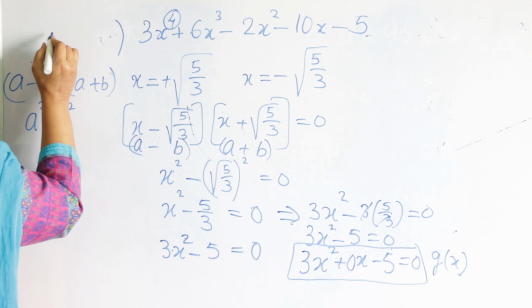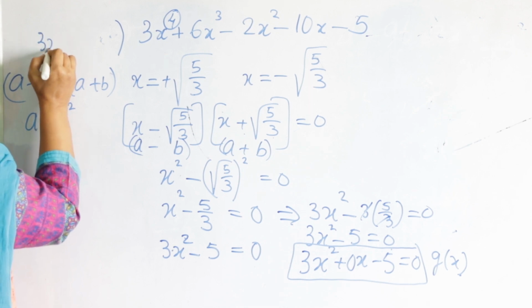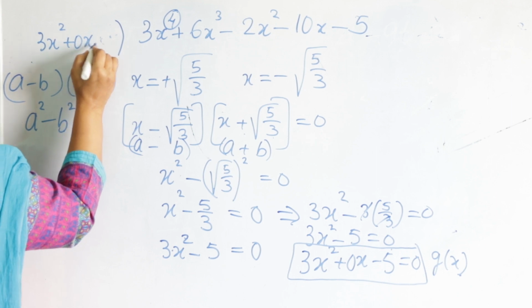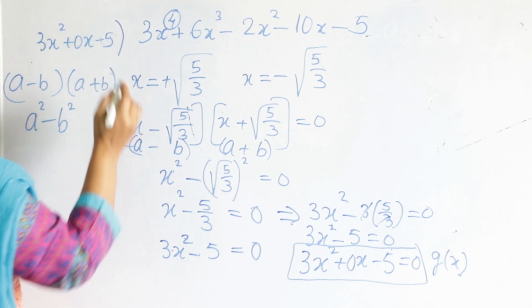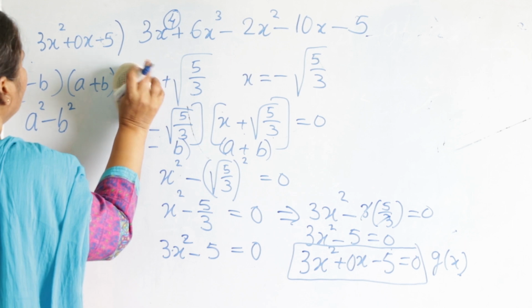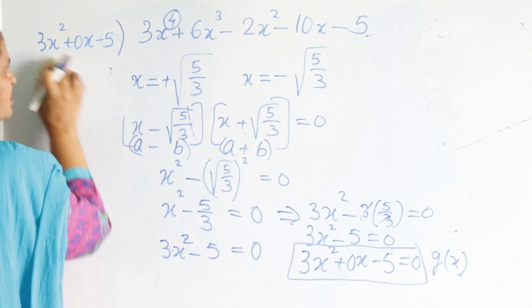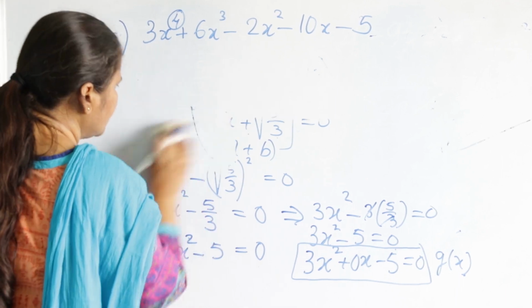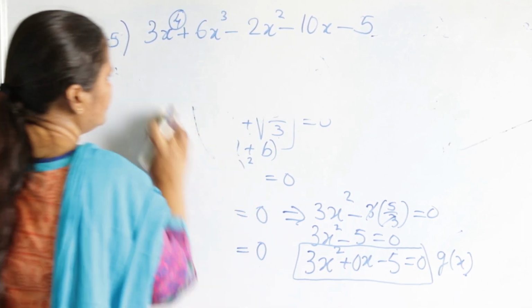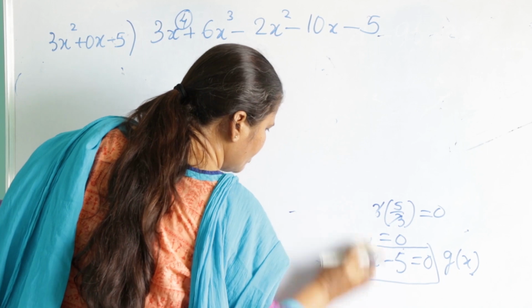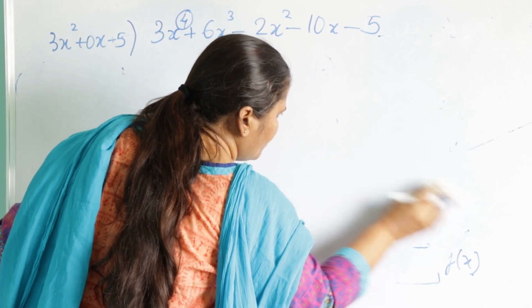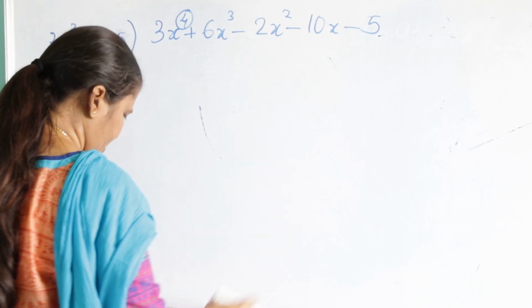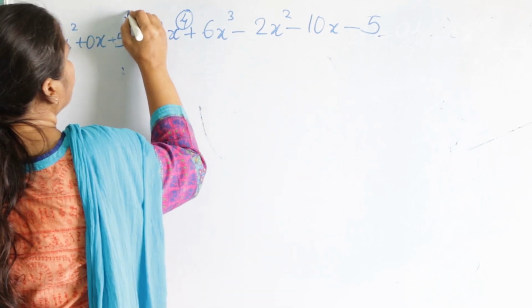I will write it here: 3x square plus 0x minus 5. Now let us try to find the other zeros. How many more zeros do we need to find? We need to find 2 more zeros because the degree of the polynomial is 4. 2 zeros they have given and 2 zeros we have to find.